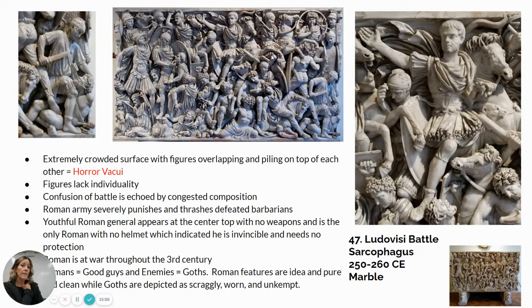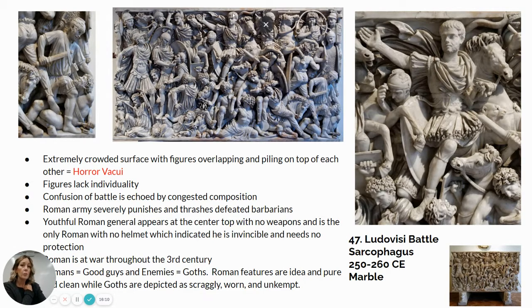What we're looking at in this one specifically are the Romans versus the barbarians. The barbarians are the Goths, and we have a common generic look for each group of people.